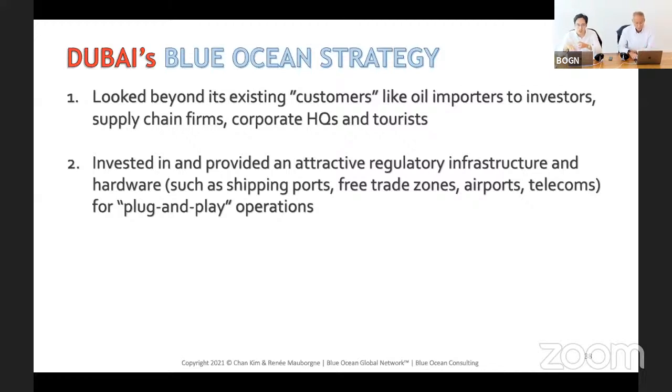They didn't just provide a low tax regime or no tax regime in these free trade zones, but Dubai was very innovative. They created separate legal regimes to govern these free trade zones. These legal regimes are separate from Dubai's historic legal regime.